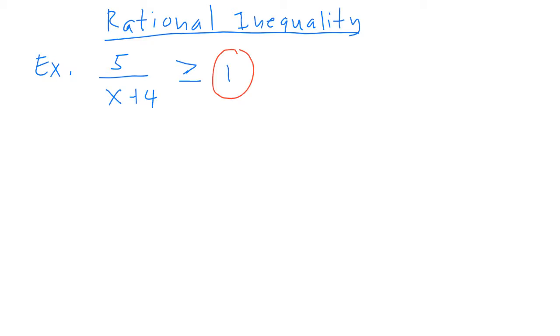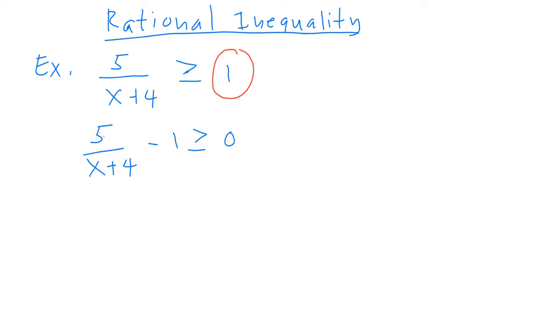Okay, again, we have a 1. Move that to the left side. Let's just use the same color. Okay, just 5 over x plus 4 here minus 1. Moving 1 from right to left.